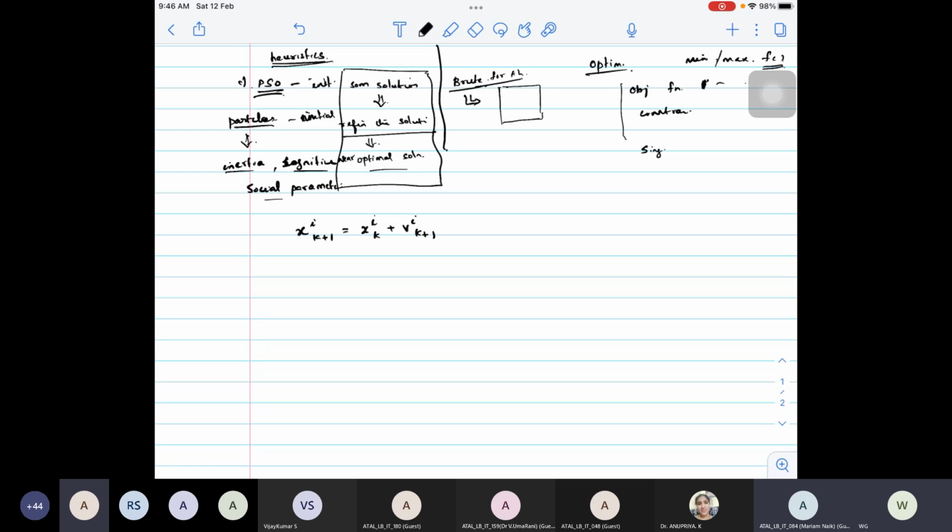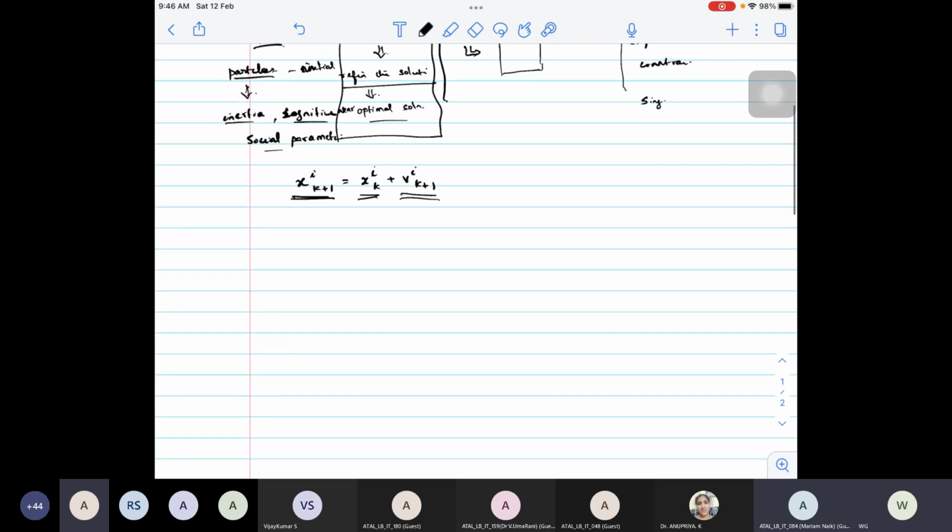So a particle's new position is computed as the sum of its previous position plus its velocity. The velocity v_i^(k+1) is equal to w_k v_i^k plus a cognitive term as well as a social term, right?